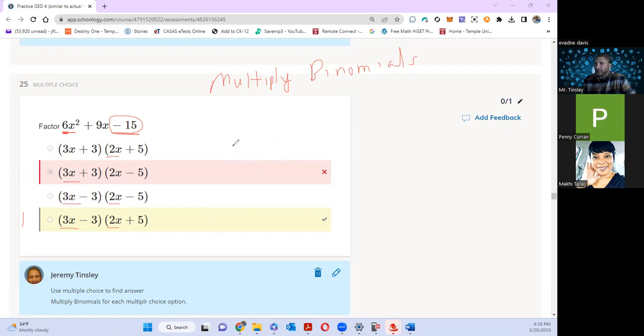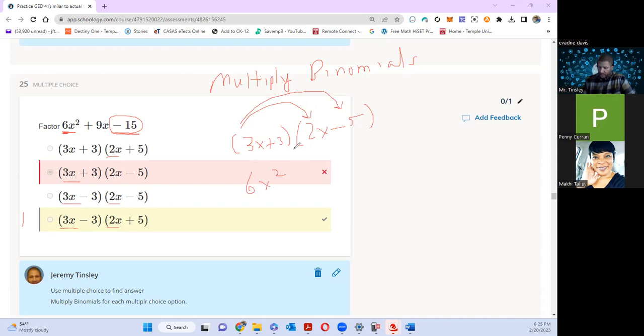So this first option is 3x plus 3 times 2x minus 5. Let's try it. We already know 3x times 2x is 6x squared. What's 3x times minus 5?